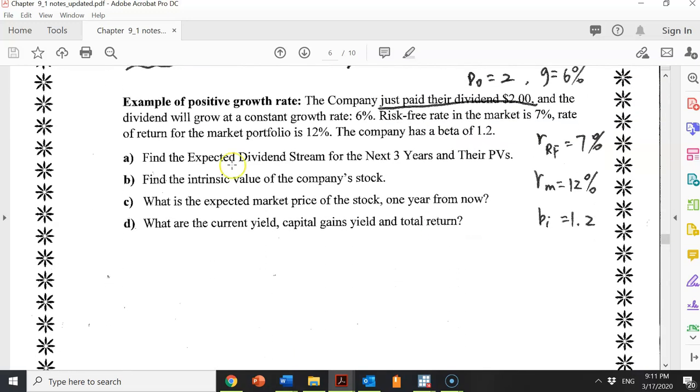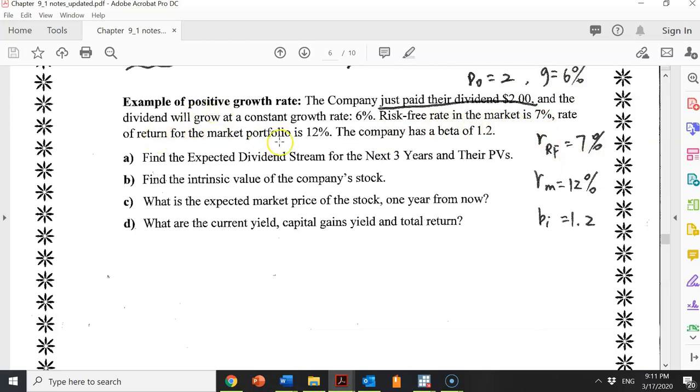One more example of a positive growth rate, positive G. The company just paid their dividend of $2. Just paid, so D0 should be $2. And the growth rate G is 6%. The risk-free rate in the market is 7%, RRF 7%.